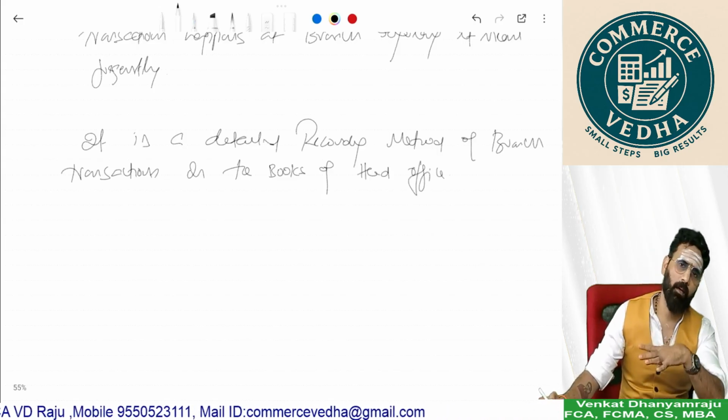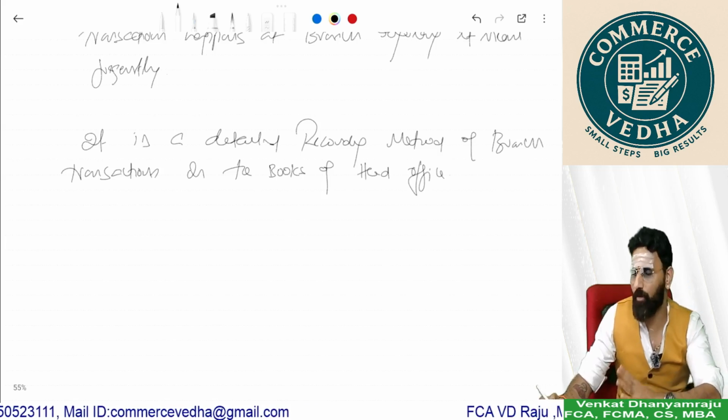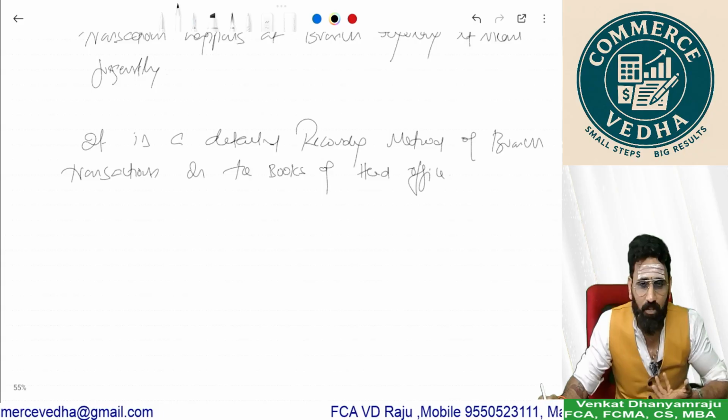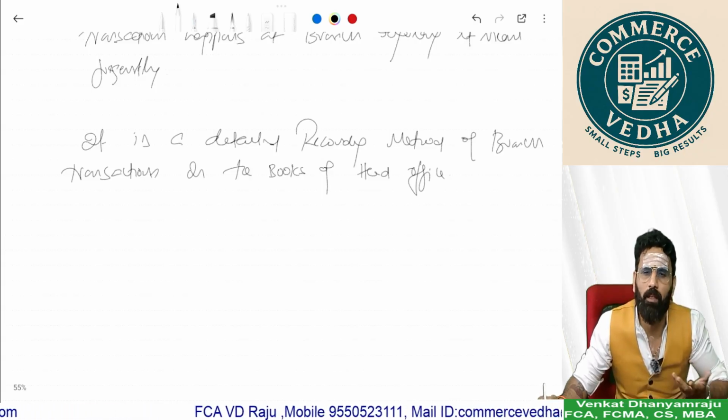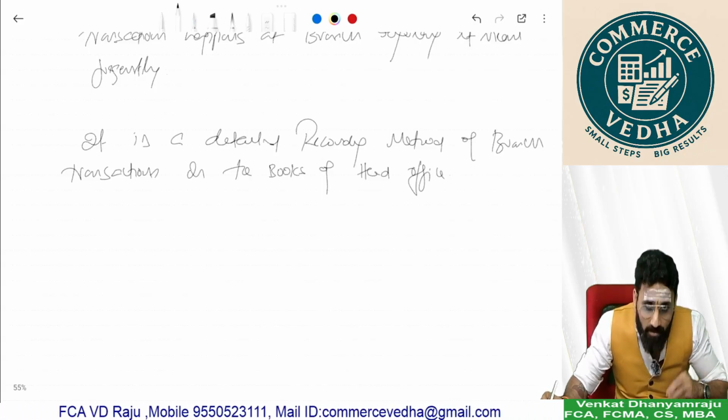Many times in the exam, this method will come because of its very nature, because this is almost like preparing a complete set of books of the branch in the head office.